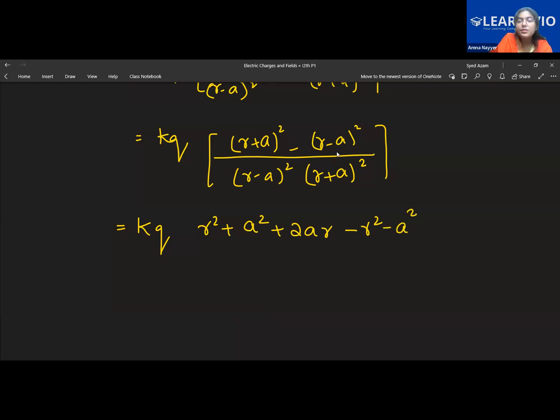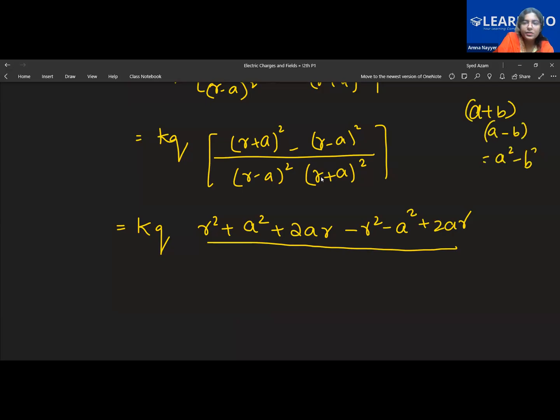And then we write minus 2ab, but minus into minus will become plus 2ab, where b is our r, divided by... this is the identity, (a plus b) into (a minus b) is equal to a square minus b square. So this can be written as (r square minus a square) whole square.